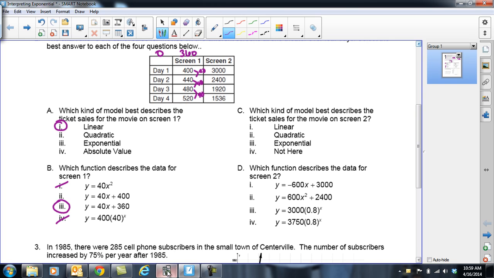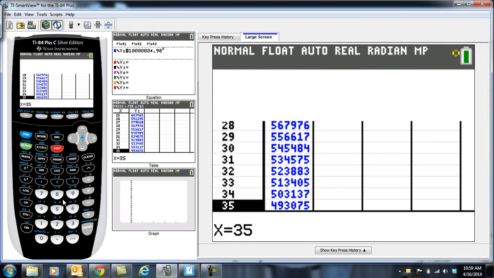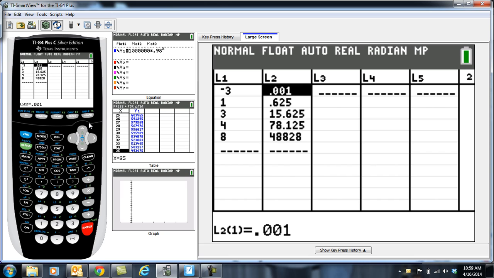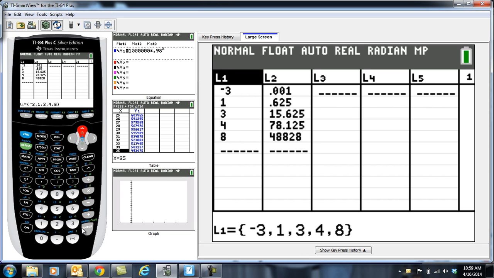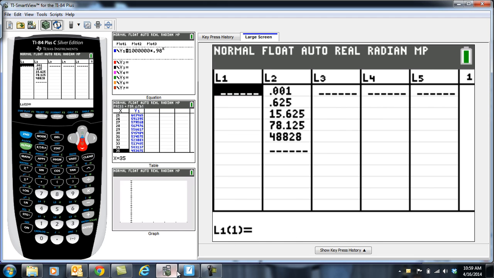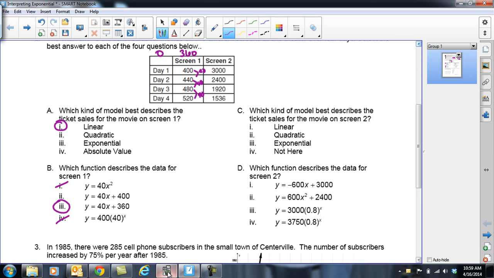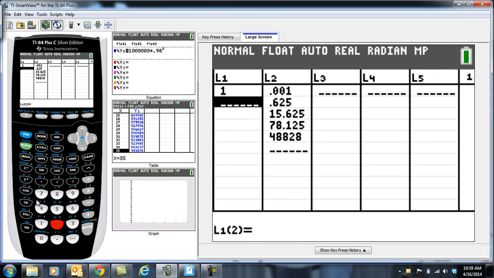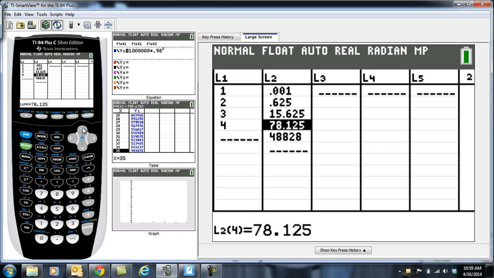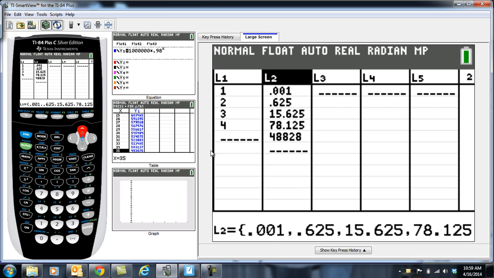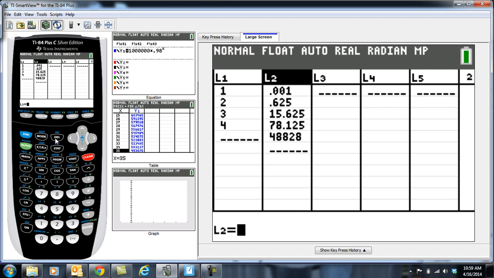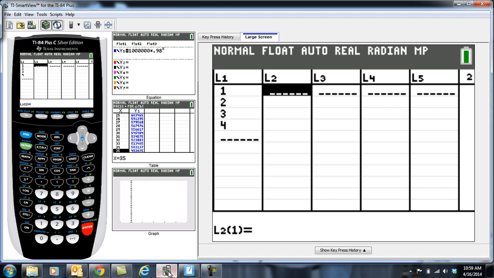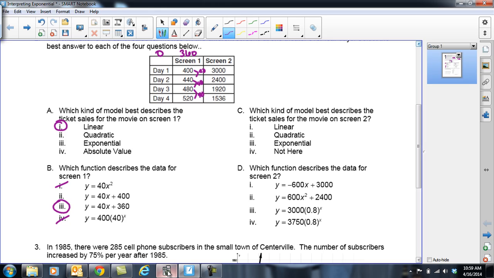You could also use your calculator. So you go over here and you could go to Stat and Edit. In list 1, we would put those x values, which were 1, 2, 3, 4 for the days. And then over here in list 2, I would put the number of movies, which was increasing by 40 every time.